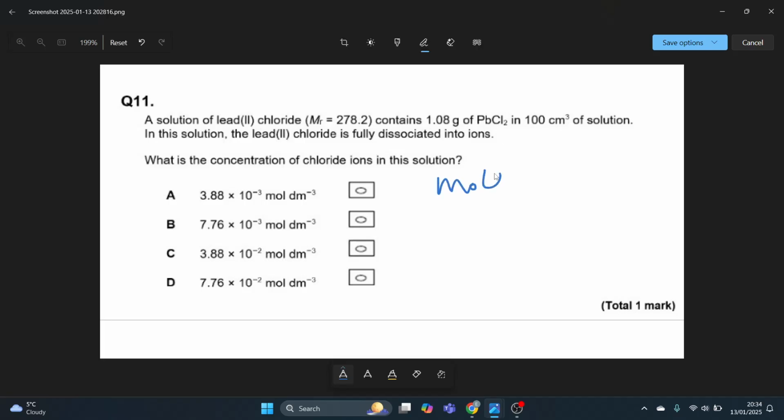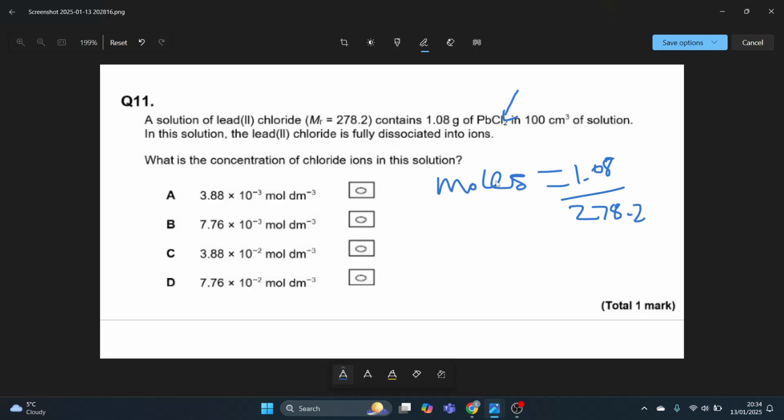So I find out the moles easily, mass over mR. I want the concentration of chloride ions, but I can see here PbCl2, so the concentration of chloride ions in the solution is going to be whatever it is times by 2. So that's the key thing.